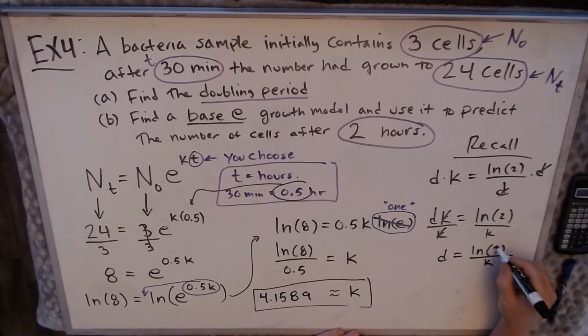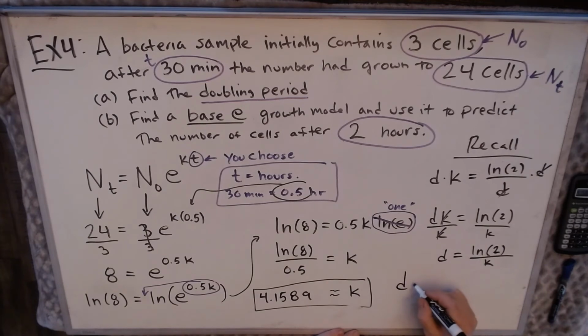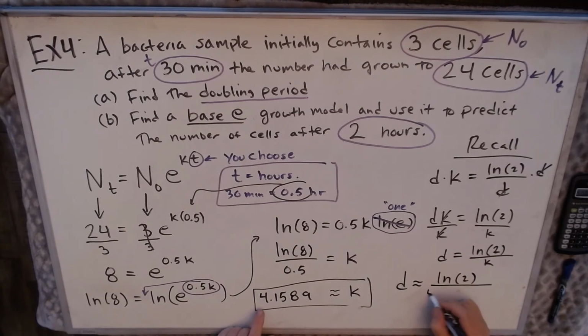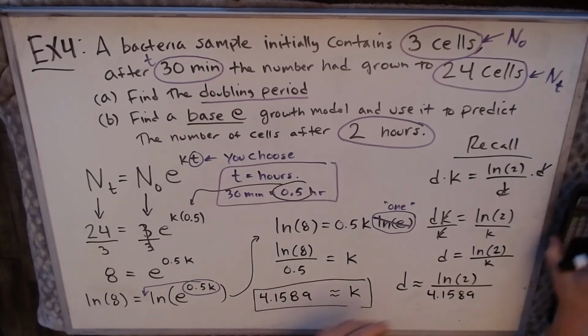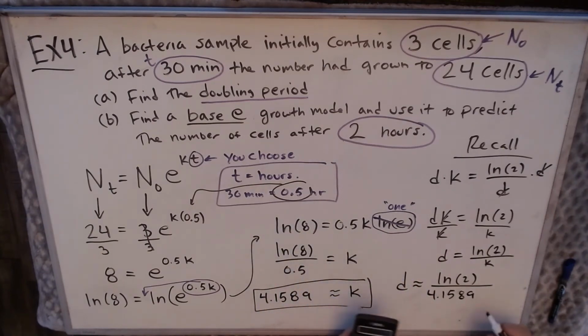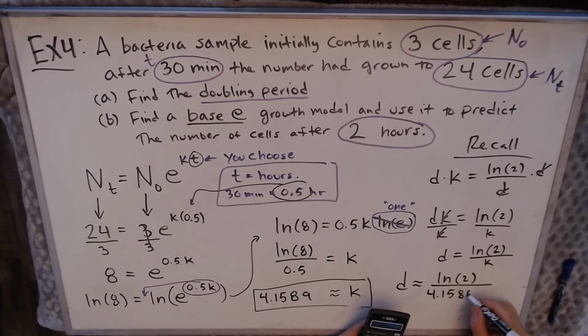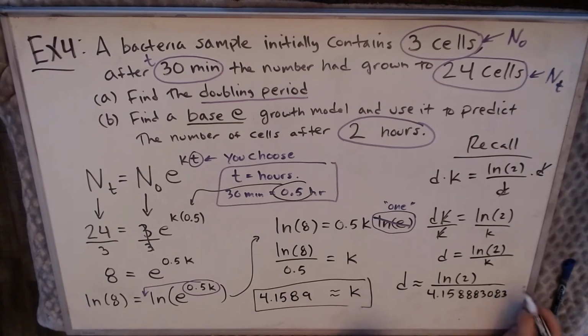So our doubling period is ln of 2 divided by 4.1589. Now I still have the entire number on my calculator, so I might as well use it. It's actually 4.158883083. The more digits you use, the more accurate your result is going to be.